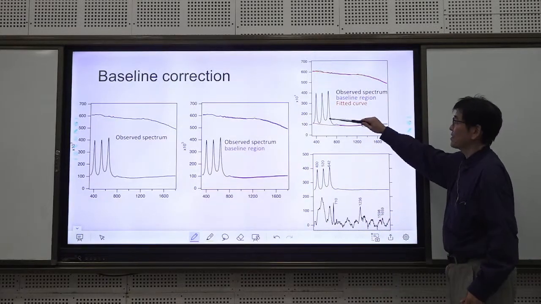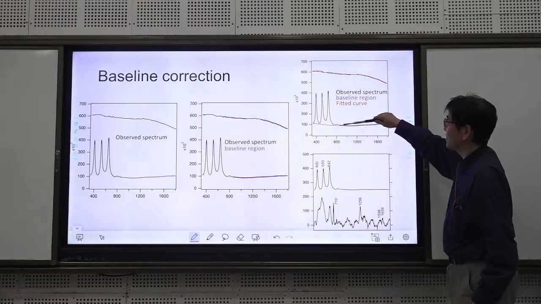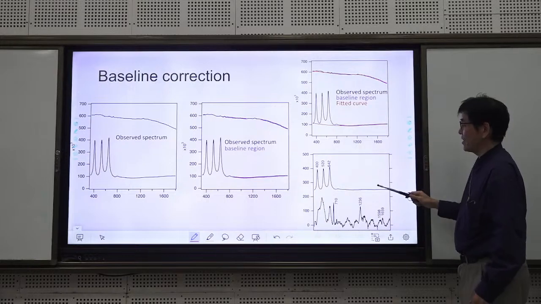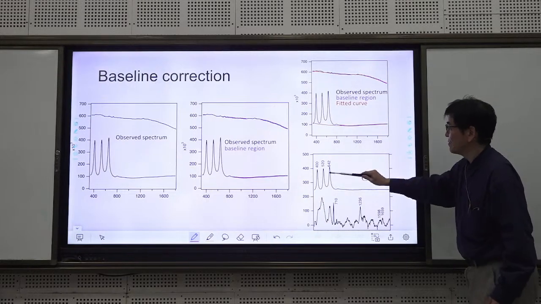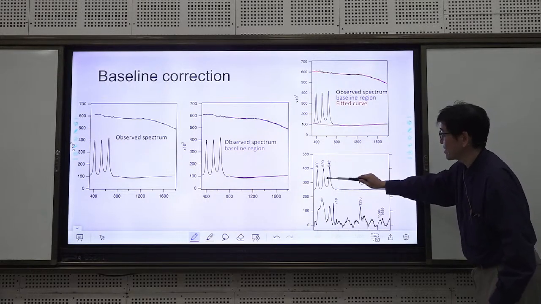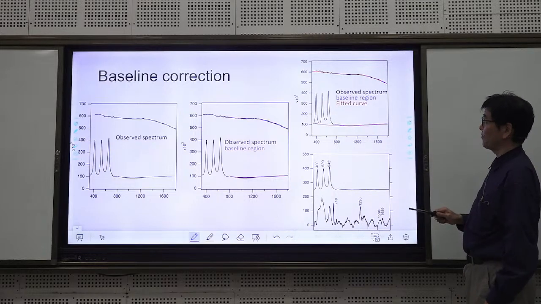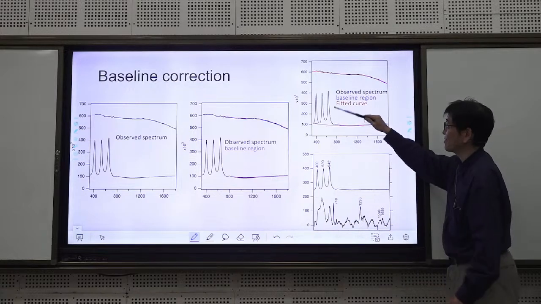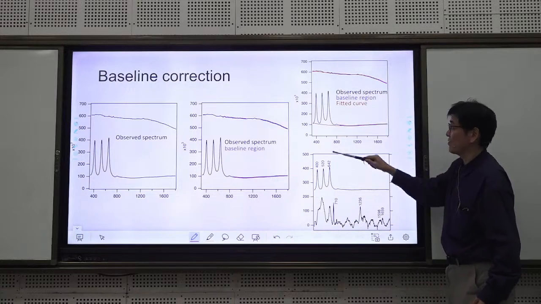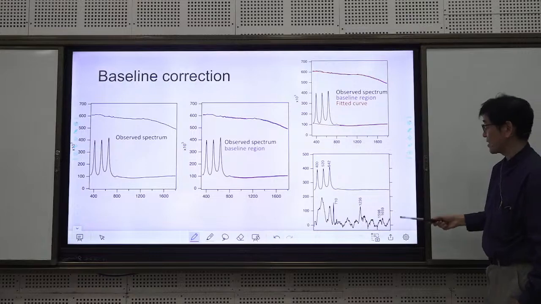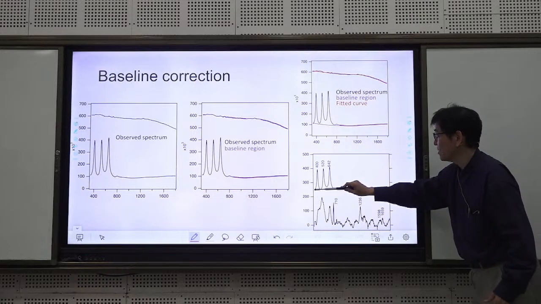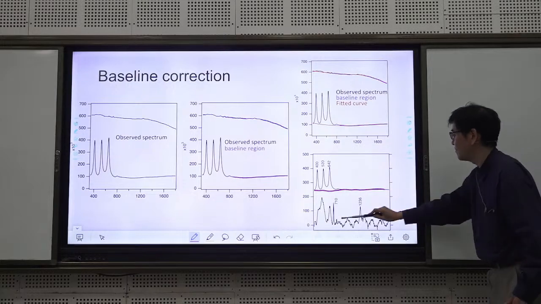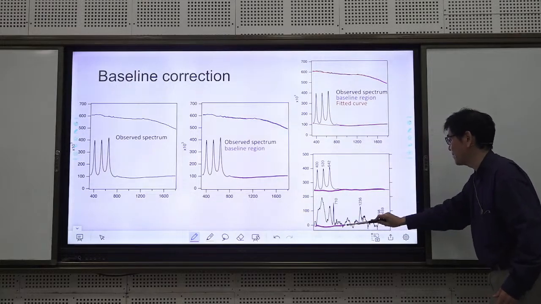By subtracting the red curve from the black spectrum, raw spectrum, we get the first spectrum, second spectrum. Okay, intensity is normalized to the largest peak. Intensity count is different, but it does not matter. So now the baseline is rather flat.